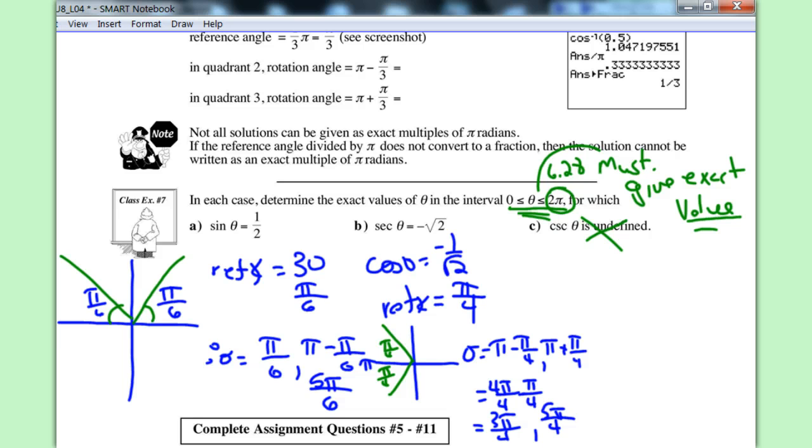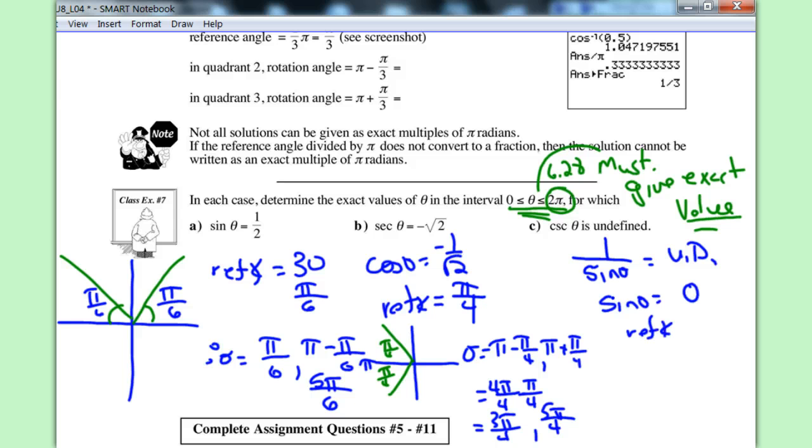And lastly, when is cosecant undefined? One of those weird questions. Well, we talked about that before. That's when 1 over sine is undefined, and we did this question before. That's when sine theta is equal to 0, and that happens with the reference angle.